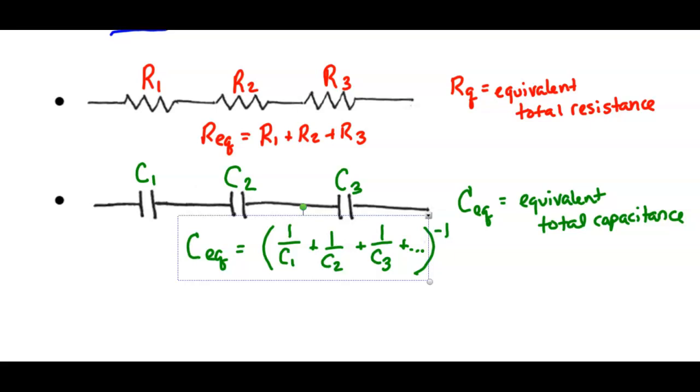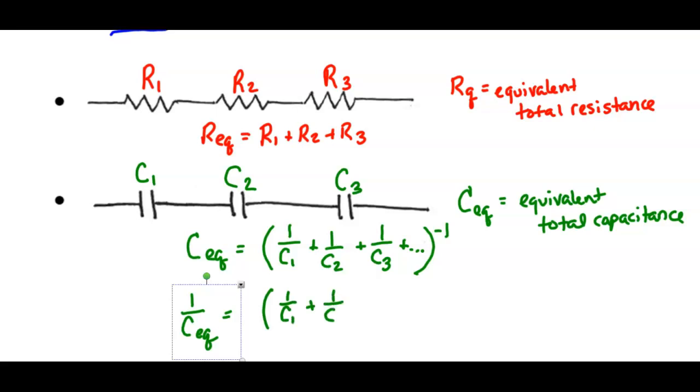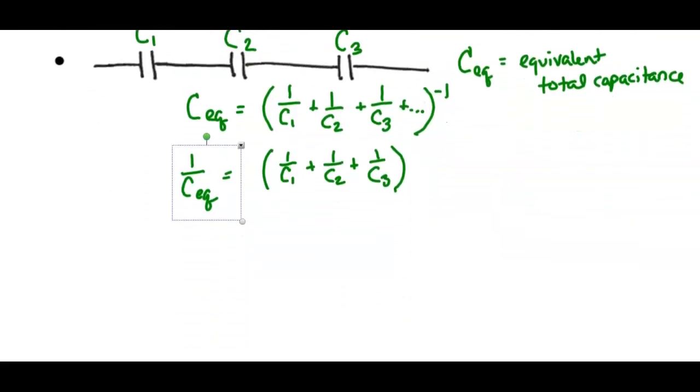So another way to look at this that's easier for some people is to write it out like this. Now, we are going to practice these in our practice problems, but what this would mean is that we would add up fractions.